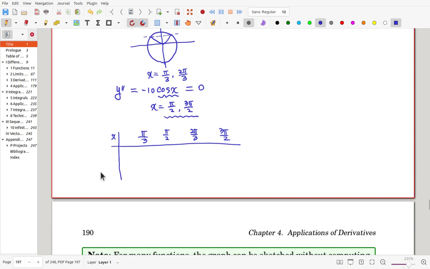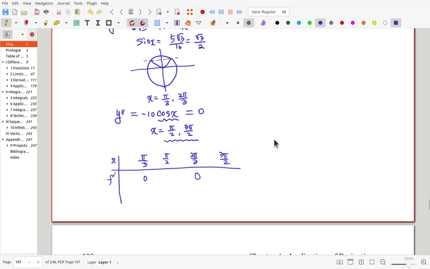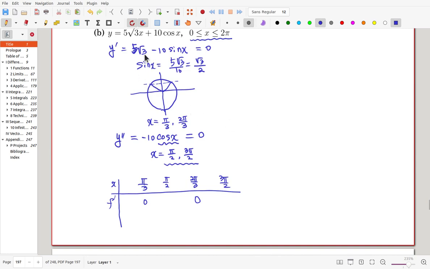Now, along with that, f prime is 0 here, here, and here. And then f prime is given in this way, so that, for example, at pi over 2 the value is 1, so that this is negative, right? So around there this is negative, and around there it must be positive.